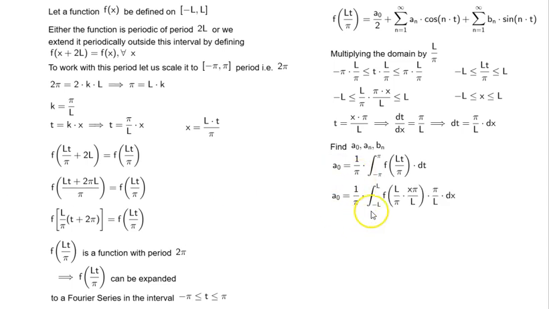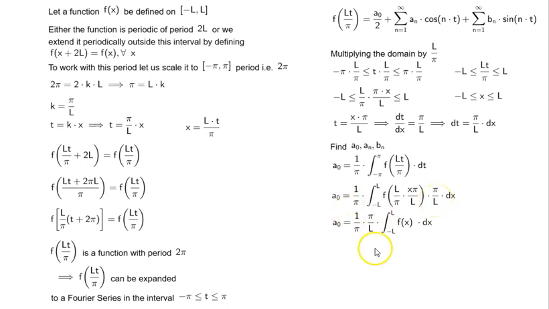So a0 is equal to 1 by pi times the integral, where the interval becomes minus L to L when we are converting it to x, of f of L by pi times t, where t is x pi by L, times dt, which is pi by L times dx. So this is what a0 becomes. Now let's simplify it further. a0 is equal to pi by L, we can take it out of the integral.